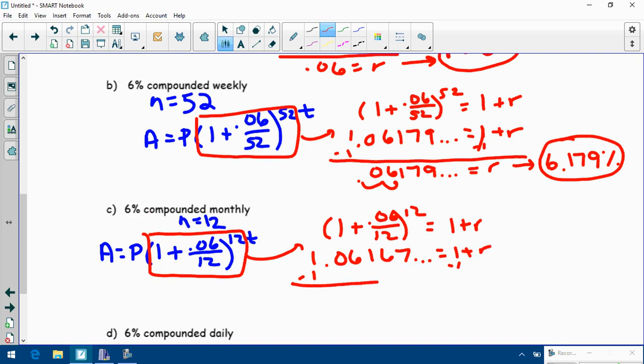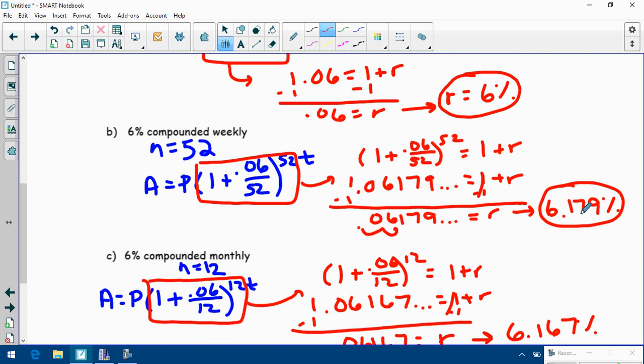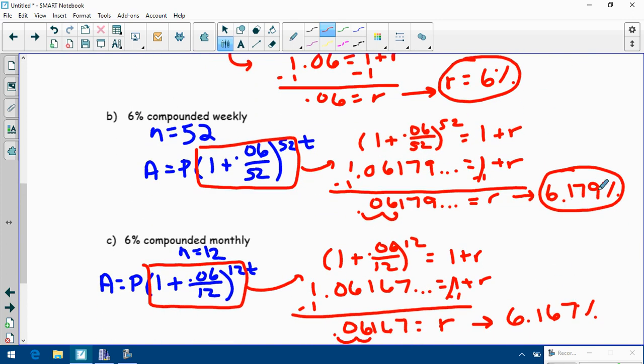Subtract that one. 0.06167 equals r. To see the percent, move the decimal place 2 to the right. That'd be a 6.167%, not any closer to 6.2 than 6.179. So 6.179 is still a little bit closer, but that's what we got from this one. So far, this is our winning one.